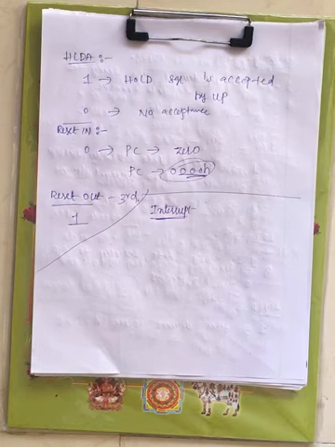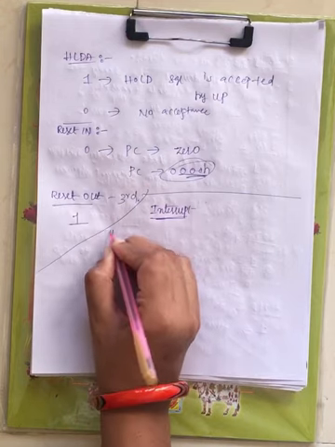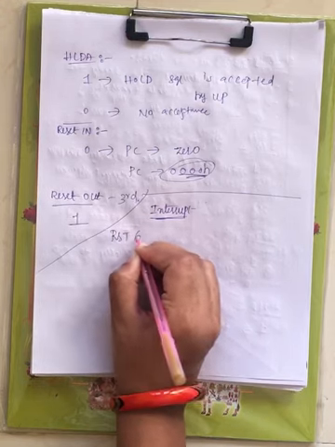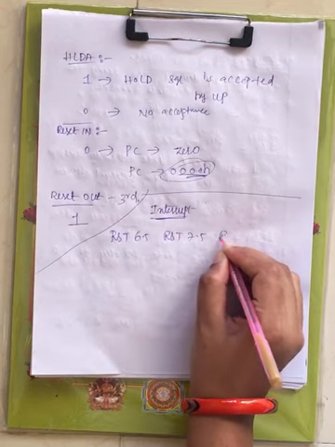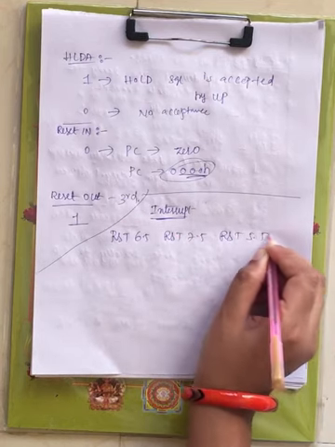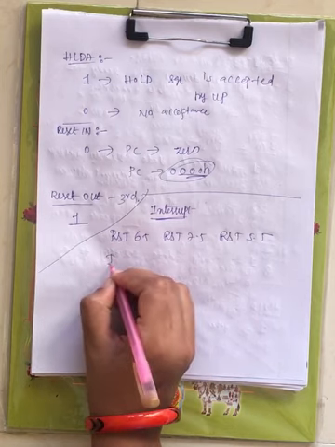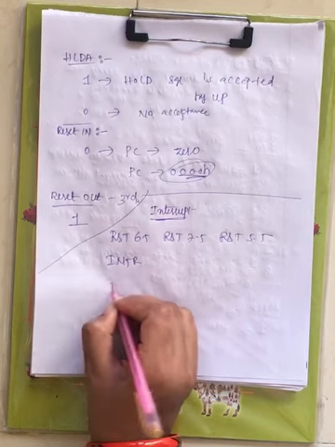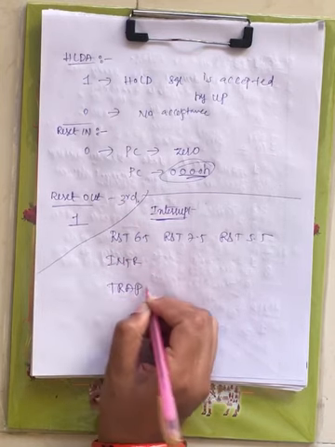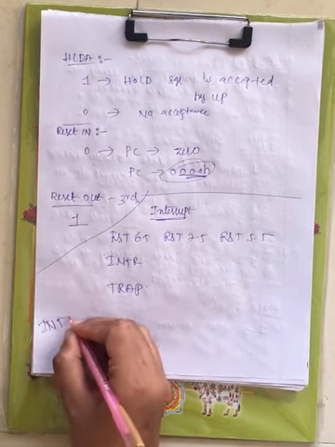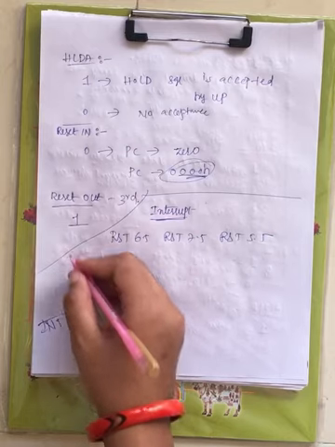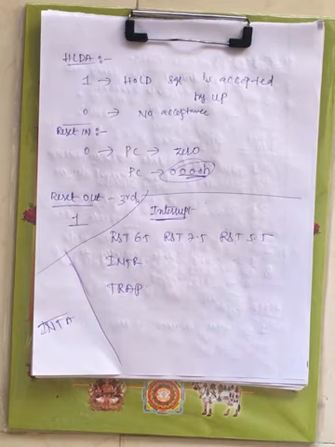We have different types of interrupt signals: RST 6.5, RST 7.5, RST 5.5, INTR and trap, and you also have INTA bar.